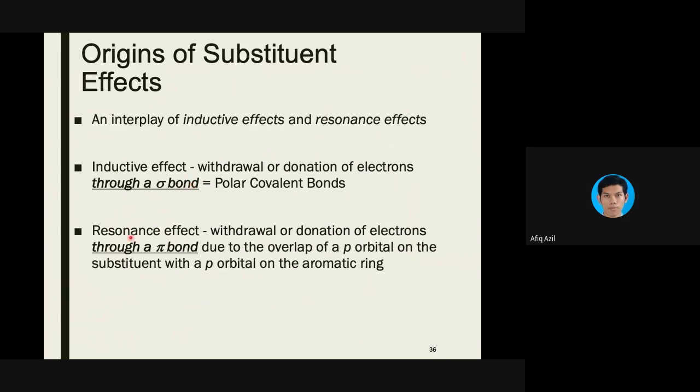Then we have the resonance effect. It is the movement of electrons through a pi bond. Okay, pi bond. Inductive effect, sigma bond. Resonance effect, pi bond, due to the overlap of a p orbital on the substituent with the p orbital on the aromatic ring.